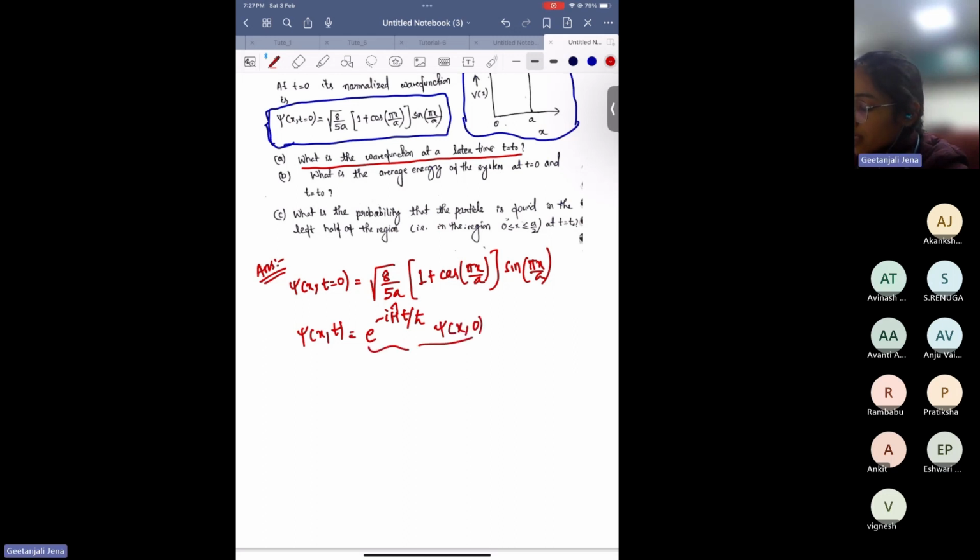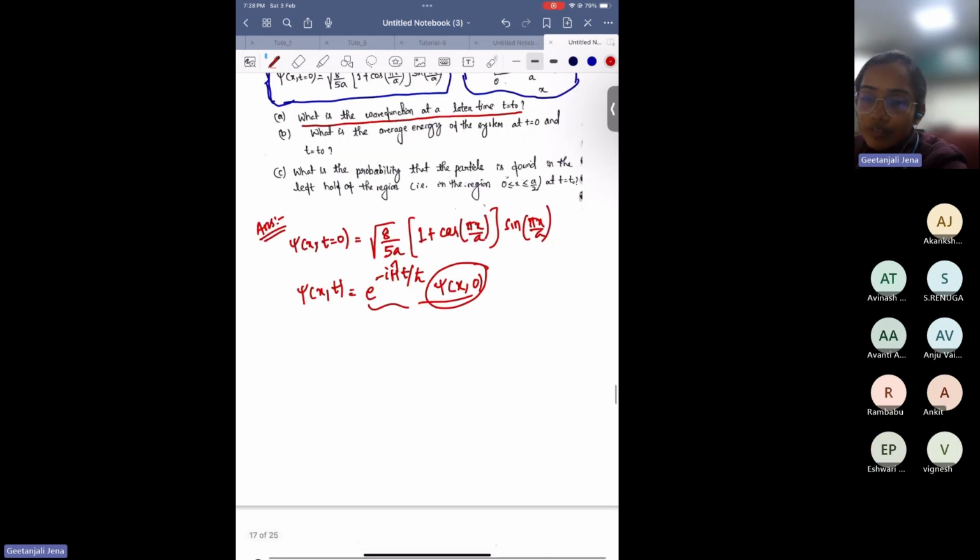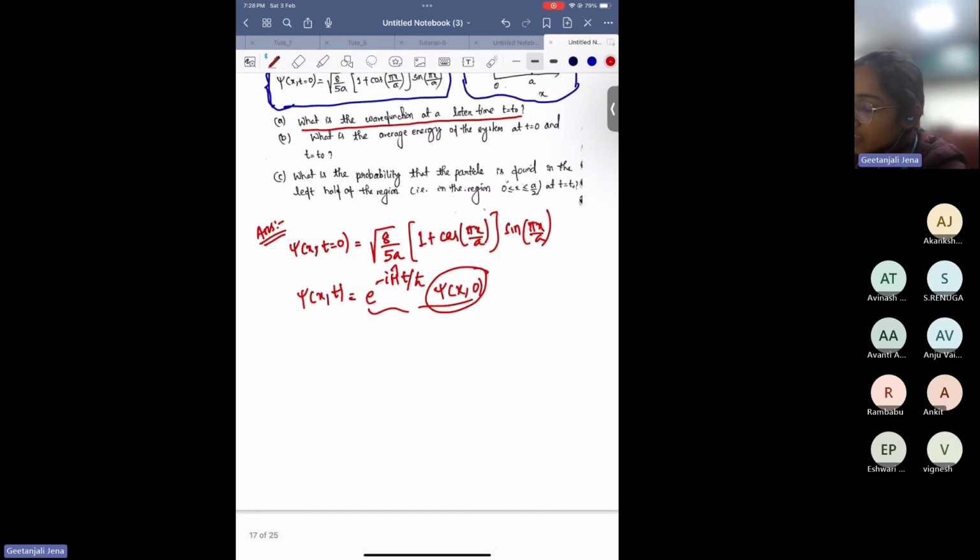Now if this initial wave function is some superposition of two states, let's say phi 1 and phi 2, then it will factor out the eigenvalue: for phi 1 it will give e to the power of minus i E1 t by h cut times phi 1, and for phi 2 it will give e to the power of minus i E2 t by h cut times phi 2, when the time evolution operator acts on it.